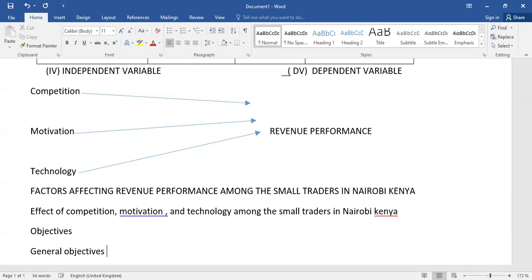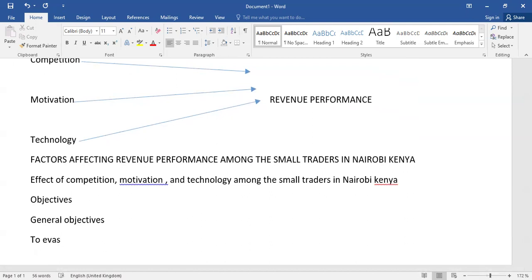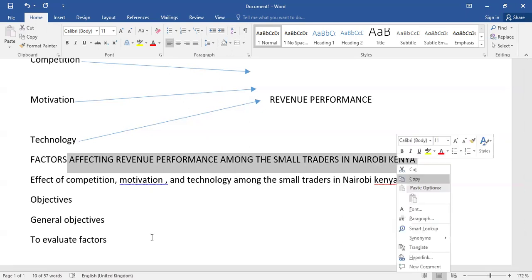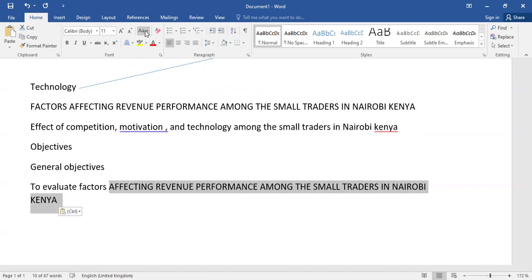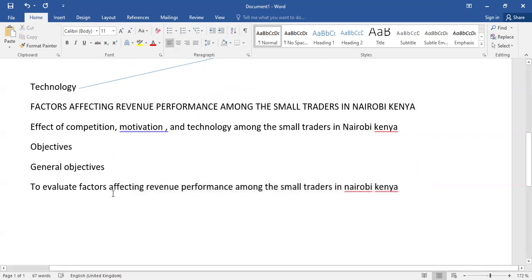For us to state our general objective, we are using the main topic to establish it. We can say the general objective of the study is to evaluate factors affecting revenue performance among the small scale traders in Nairobi, Kenya.